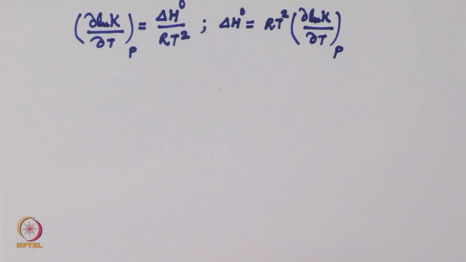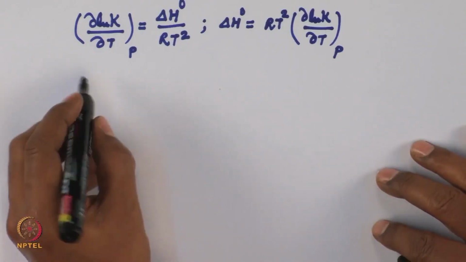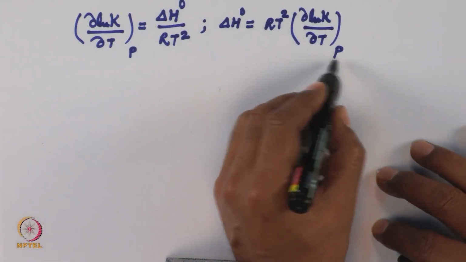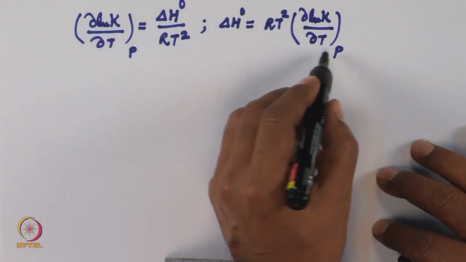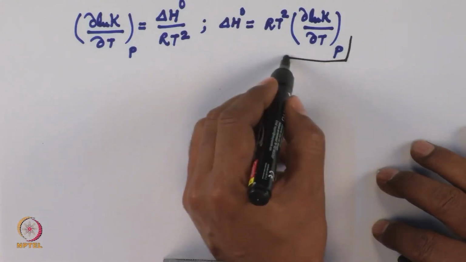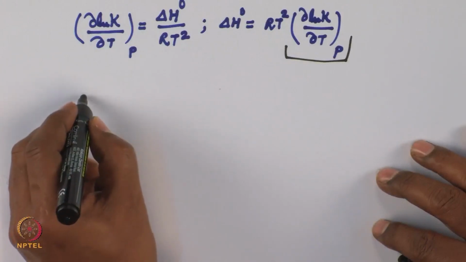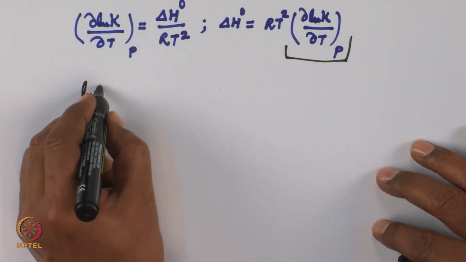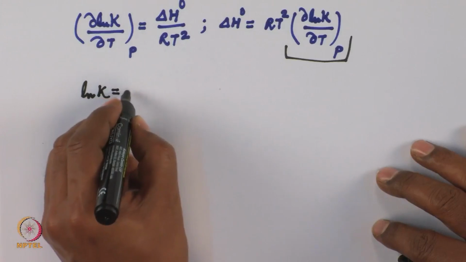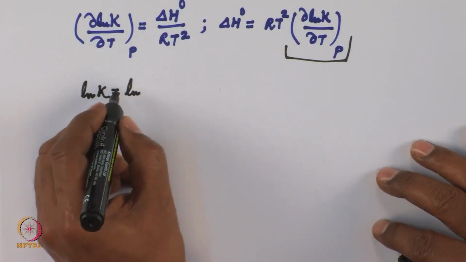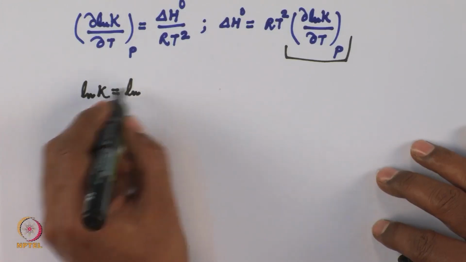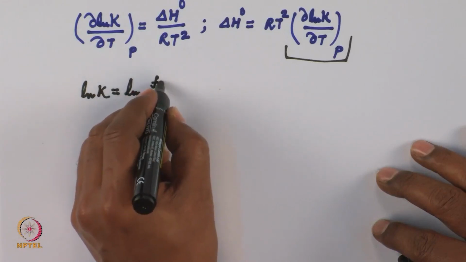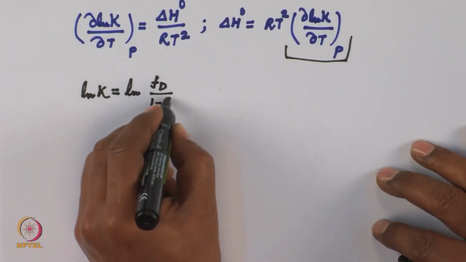So, we need to find out this factor. Log K will be equal to log of K, which we have written as Fd over 1 minus Fd.